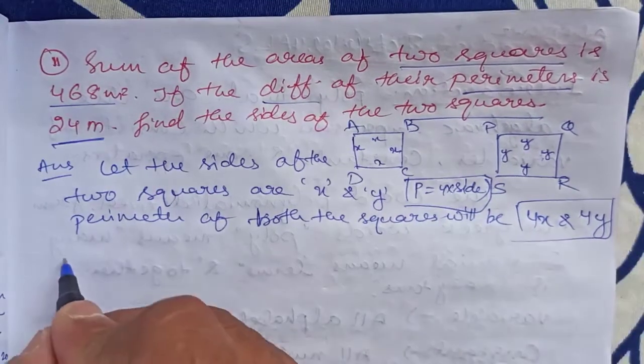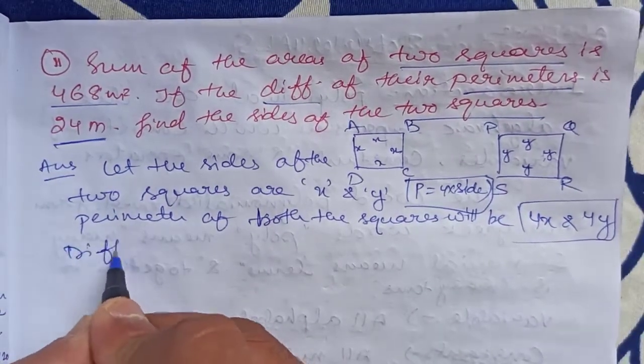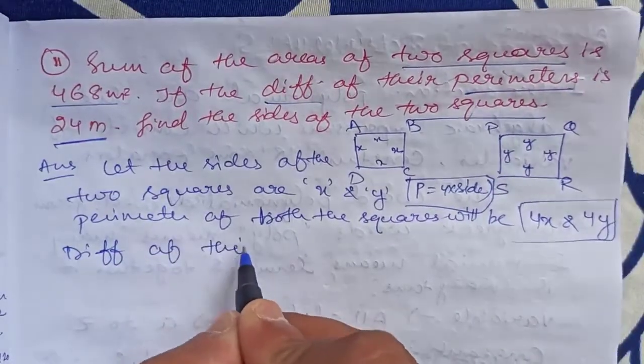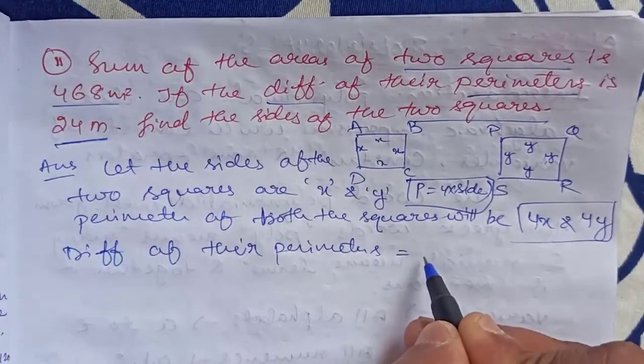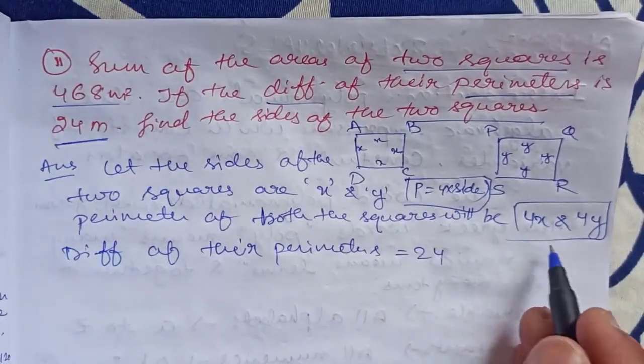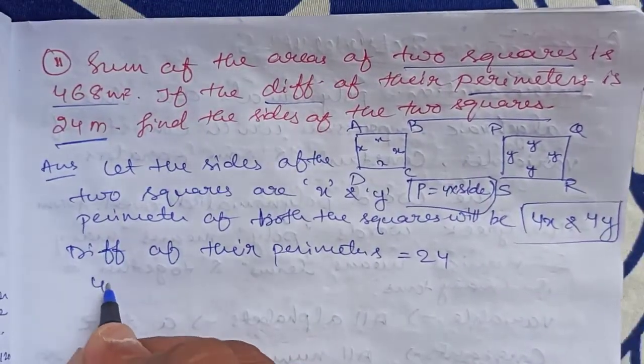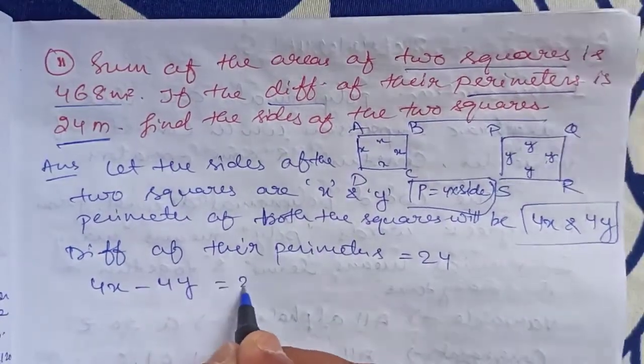Now according to the question, the difference of their perimeters is 24. Difference means minus: 4x minus 4y equals 24.